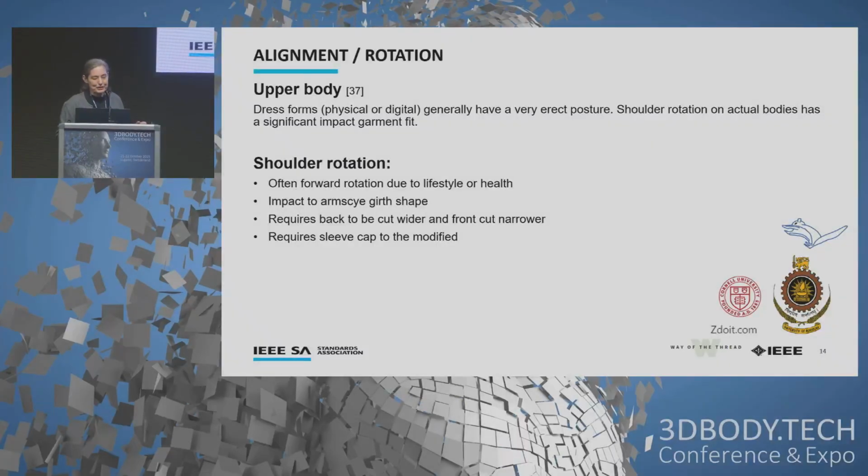What we found was that the dress forms tend to have a very erect posture, but that's not necessarily how people are, but it's how the dress forms are. So if you make things perfect to a dress form, you probably aren't making them perfect to the actual customer.